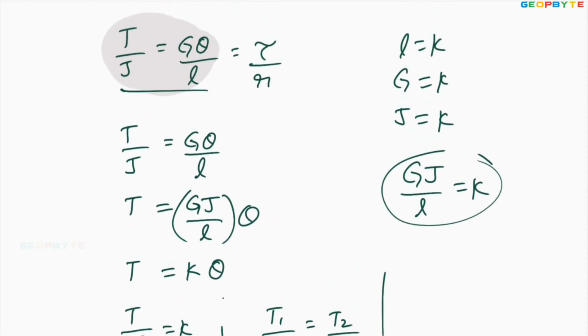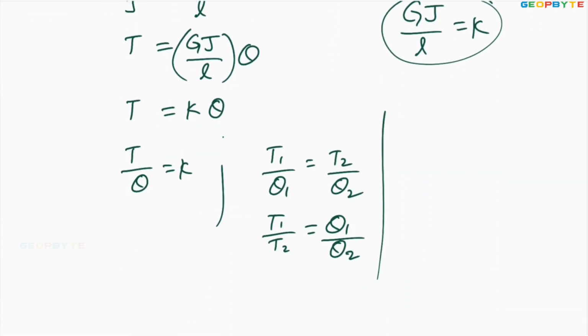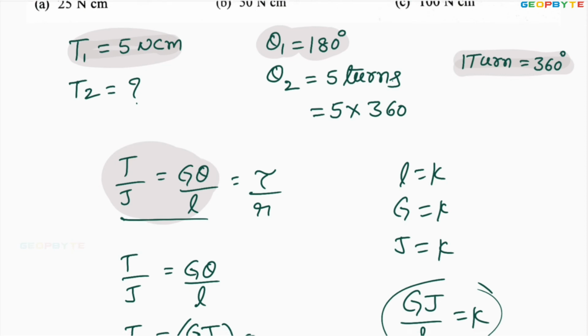From this, what you need to find? You need to find the T2. From this, T2 equal to T1 into theta 2 by theta 1. Here T1 given. This is the T1, 5 Newton centimeter. Theta 1 180, theta 2 5 into 360.